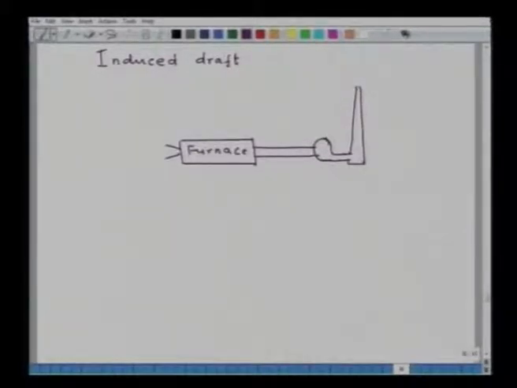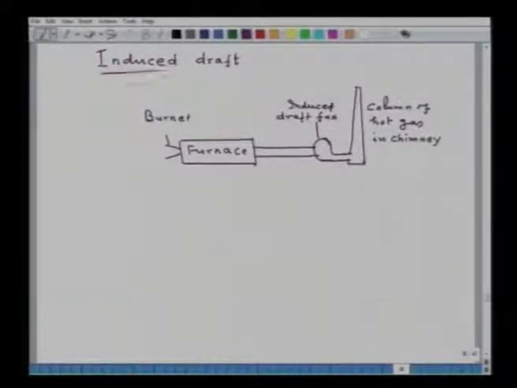So, what is done? This is the column of hot gas in chimney. This is the induced draft fan. This is a burner.